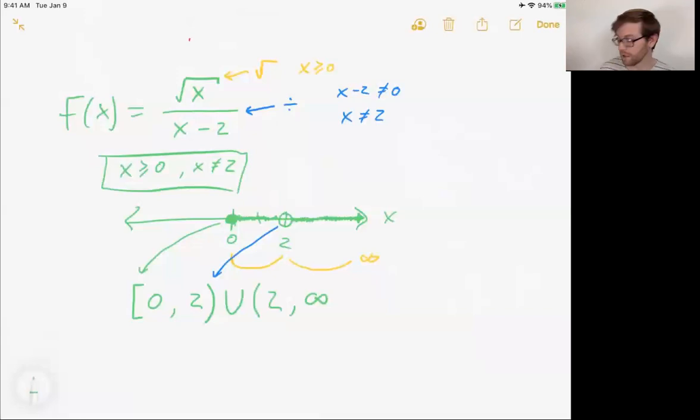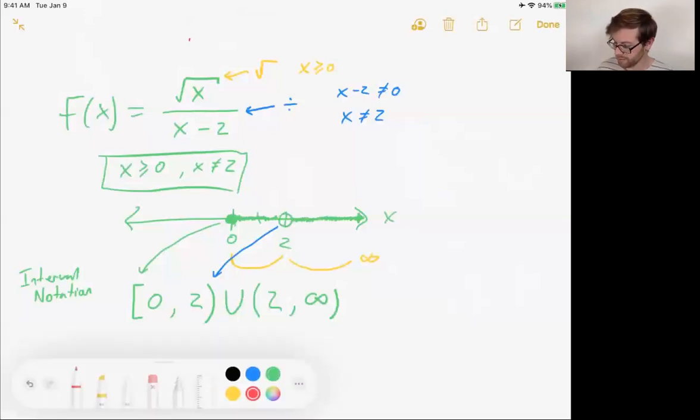We never say we're including infinity. So infinity always gets the parenthesis. So that's interval notation, okay? Okay, cool. So that was all talking about the domain, stuff that limits the domain of this function. So let me just write that out really quick. That was the domain.